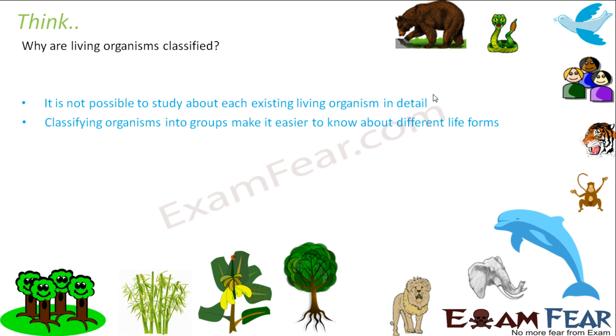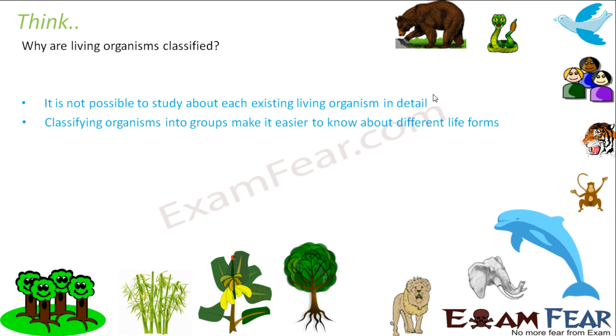The other reason was that classifying organisms into groups makes it easier to know about different life forms. Let us suppose, on one hand, you want to know about 100 different organisms. Knowing about 100 different organisms is more difficult than knowing about 10 different groups. If you divide those 100 organisms into 10 groups, then on one hand you have to study 100 organisms, and on the other hand you have to study 10 groups.